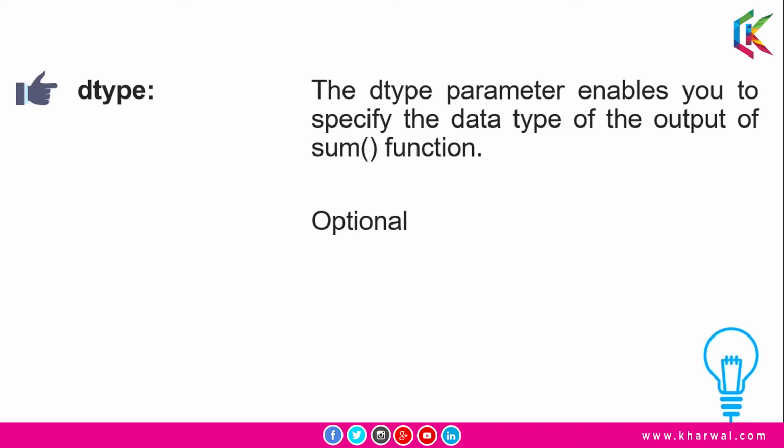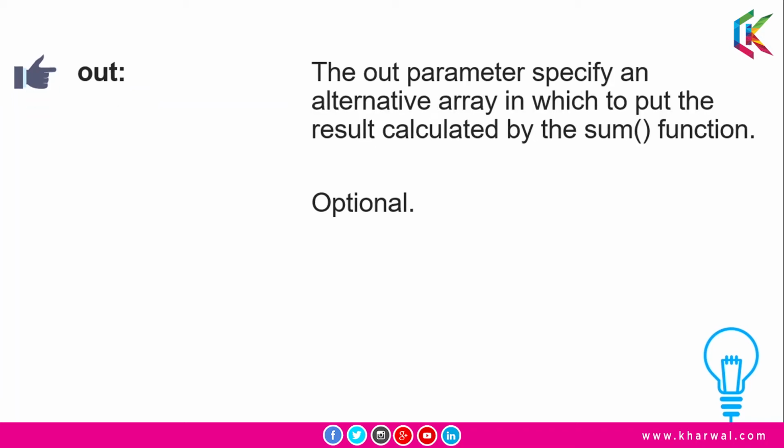For example, if you set dtype equals to int, then the sum function will produce a NumPy array of integers, and if you set dtype equals to float, then the sum function will produce a NumPy array of floats as the output. Now moving on to the next parameter, and that is out. The out parameter specifies an alternative array in which to put the result calculated by the sum function, and it is also an optional parameter.